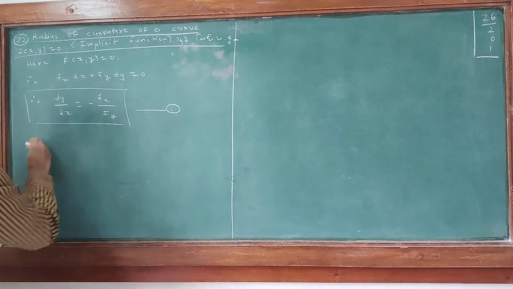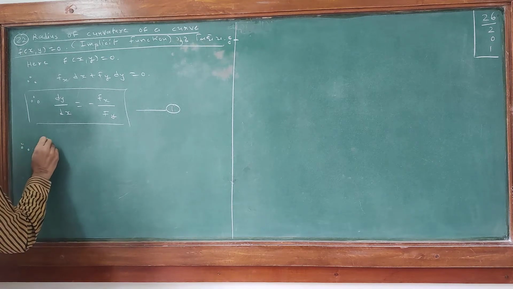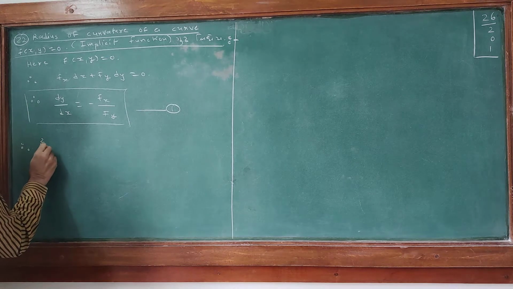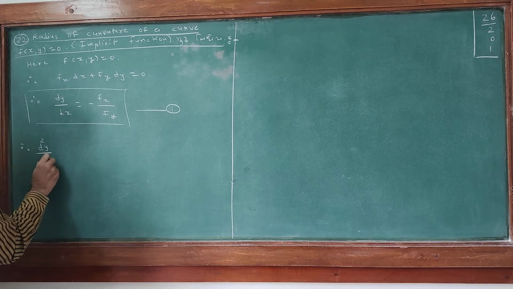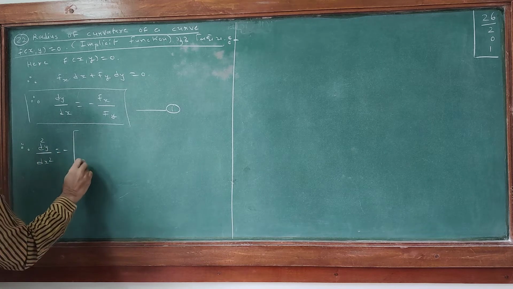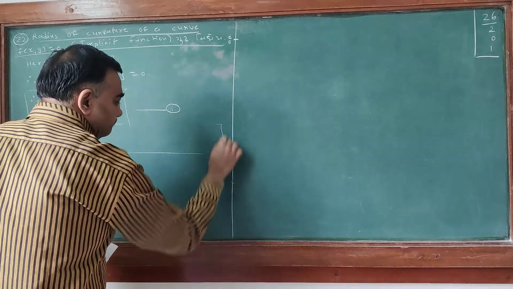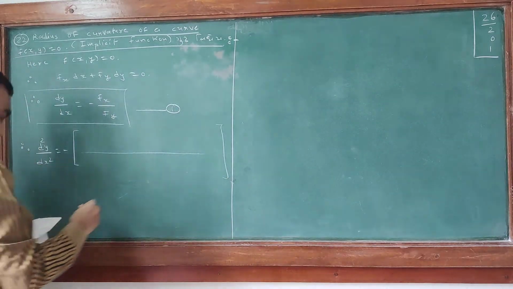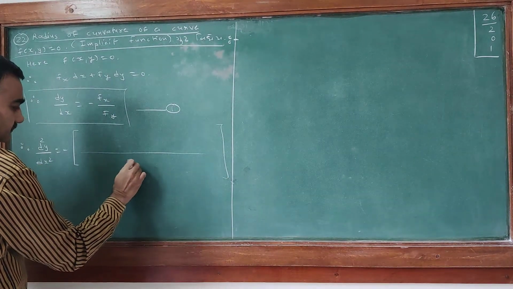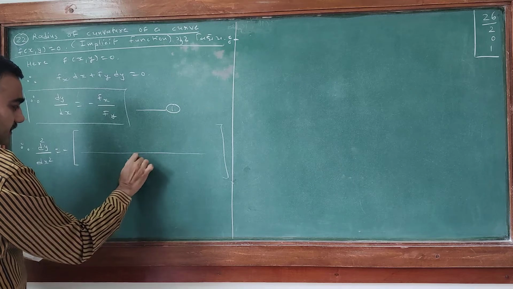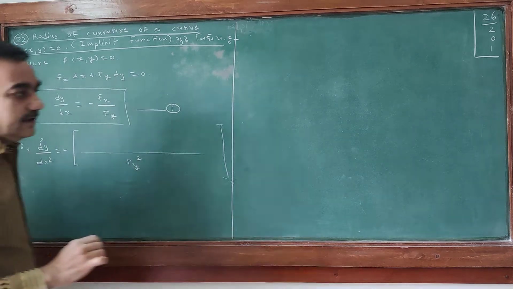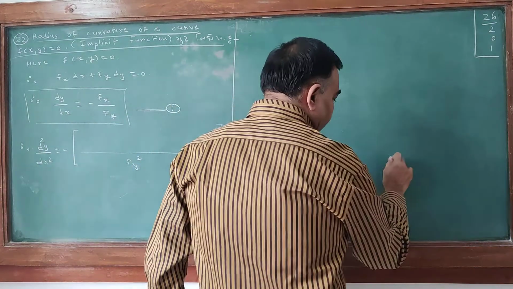And therefore, d square y by dx square, square of denominator, means again we use the u upon v formula.